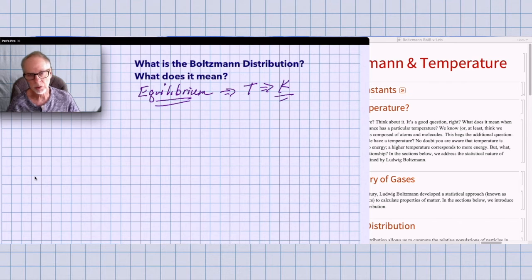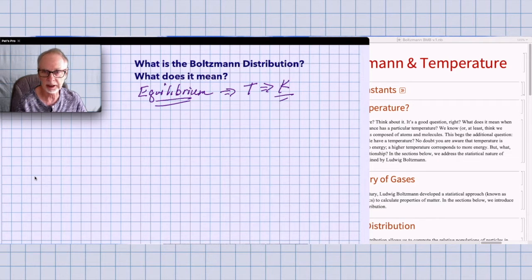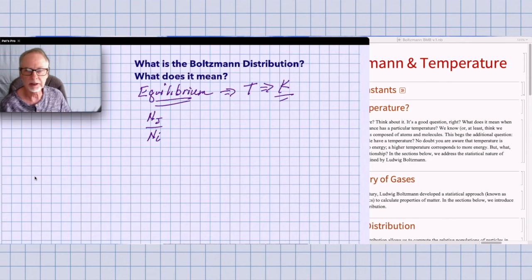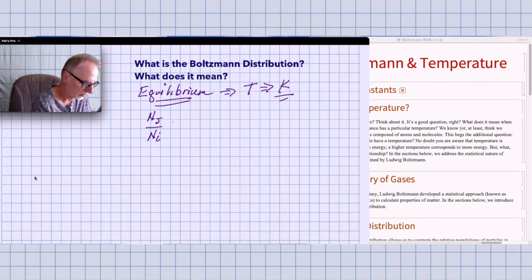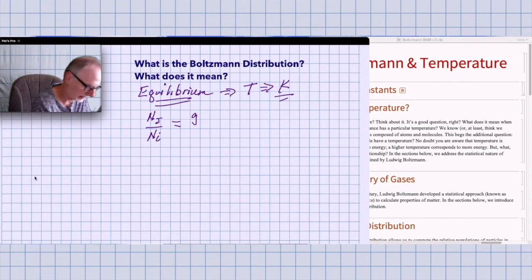All right. So what is the equation for the Boltzmann distribution? Well, if I have two energy levels, which I will represent here very generally as energy level J and energy level I, the ratio of particles in energy level J to energy level I is equal to the ratio of degeneracies, and we'll talk a little bit more about that in a couple of minutes.